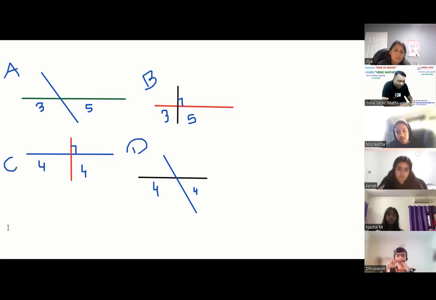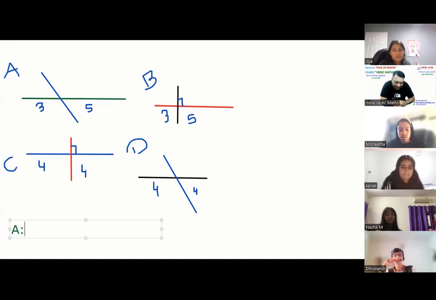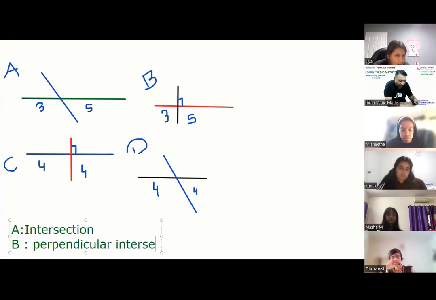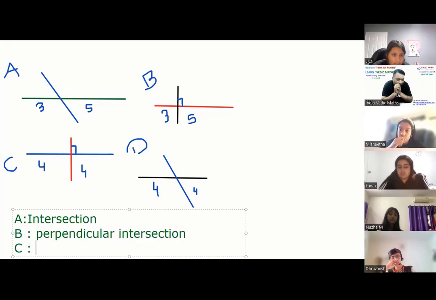Is diagram A perpendicular? No, sir. Is it a bisection? No, sir. It is an intersection, correct? B. Is it a bisection? No sir, because the lengths are not equal. But is it perpendicular? Yes, sir. So perpendicular intersection. In all four, intersection is always there. Tell me about C. Sir, the third is a perpendicular bisector.